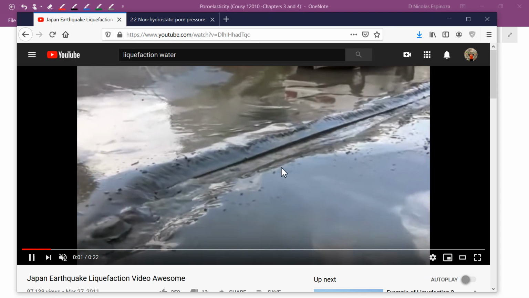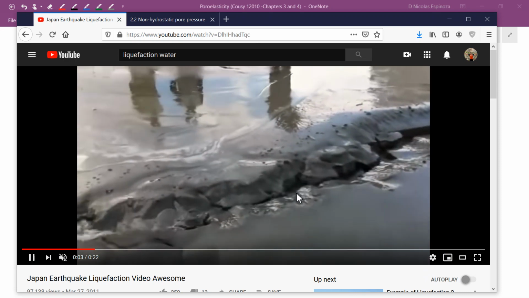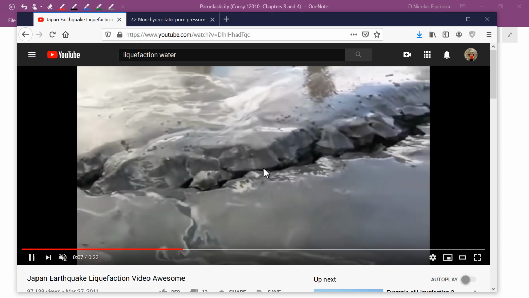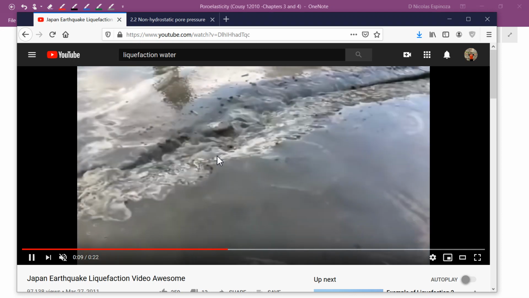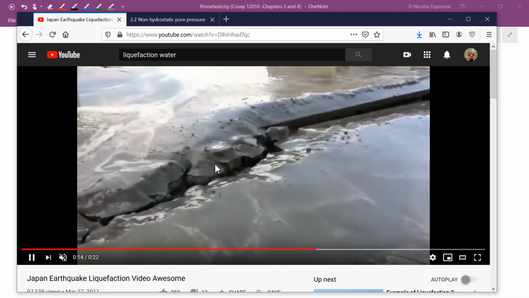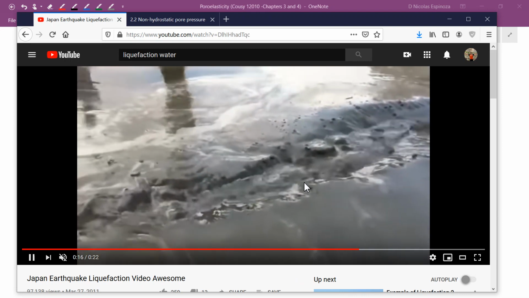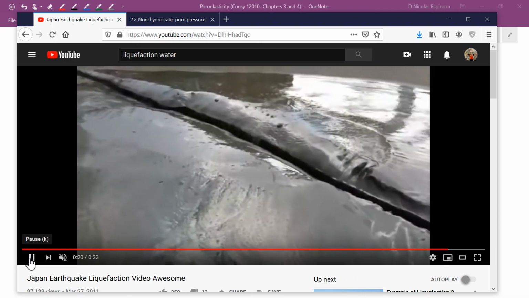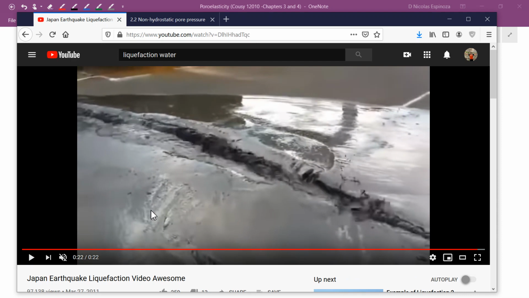I was looking for some other videos in which you actually see that the pore pressure increases so much that you have water geysers coming out from holes into the ground caused by the liquefaction, or also some cracks that are produced with these processes. Okay, so this is partially drained and undrained loading because the fluid is moving.